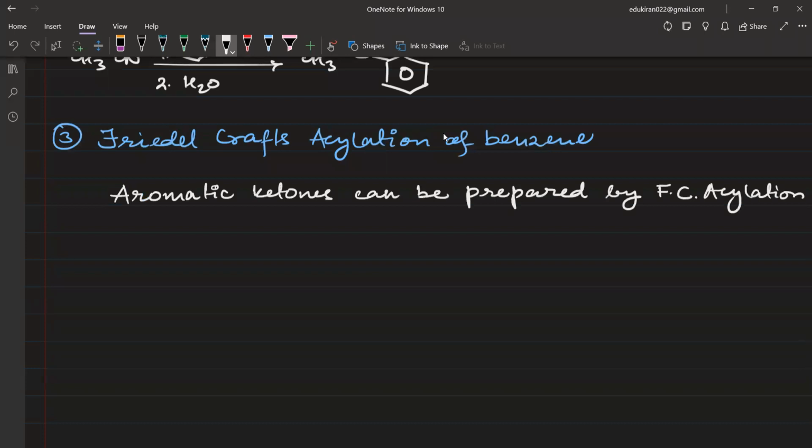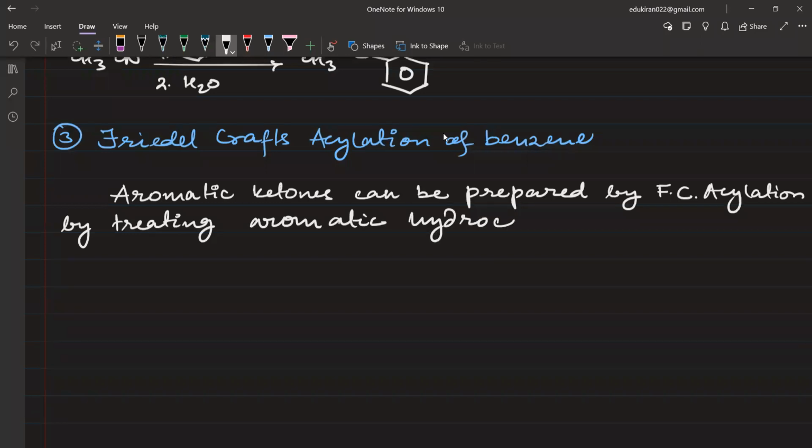Friedel-Crafts acylation is done by treating an aromatic hydrocarbon with acyl chloride.